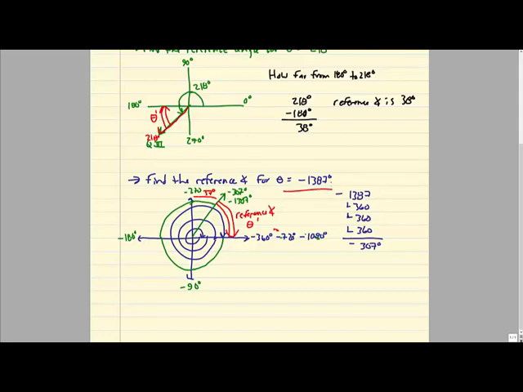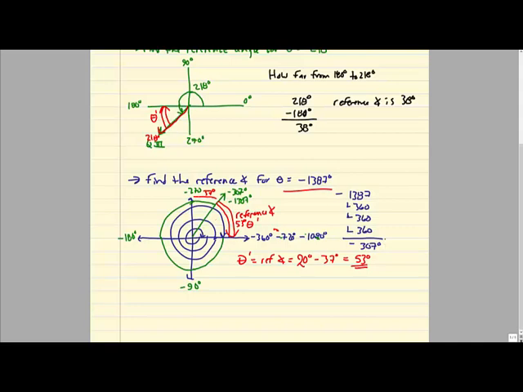If I want to figure out my reference angle, then theta prime is my reference angle. That's going to be 90 degrees minus that 37 degrees that I rotated in, and that leaves me with 53 degrees for my reference angle. That's this distance right here, 53 degrees. So there's a lot of different ways that we can try and figure these out, but I think a picture is a good idea.